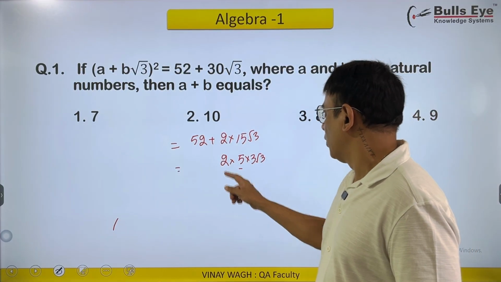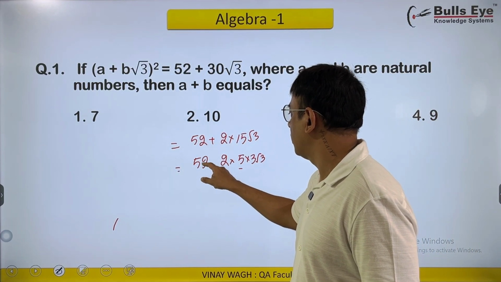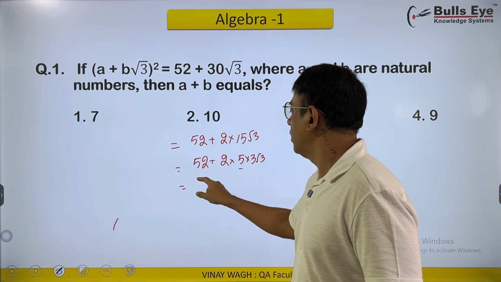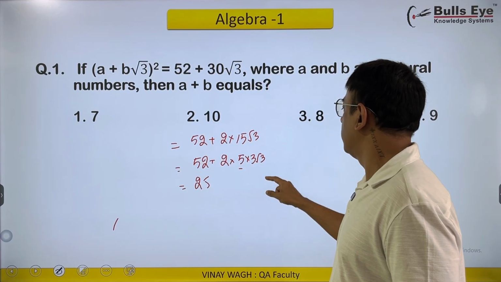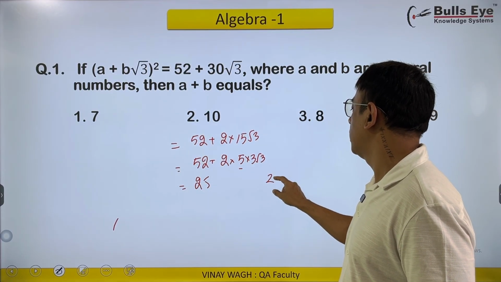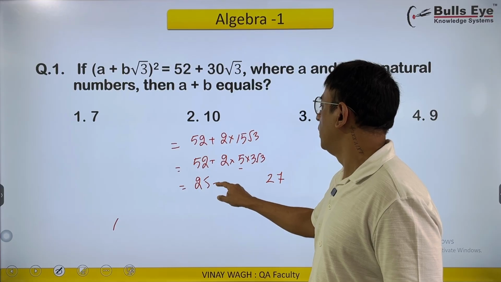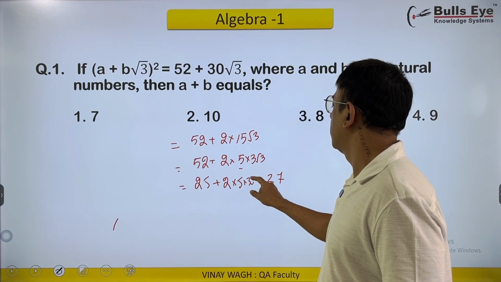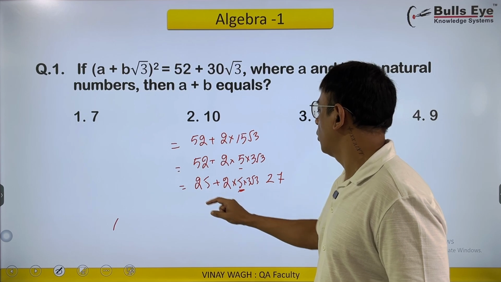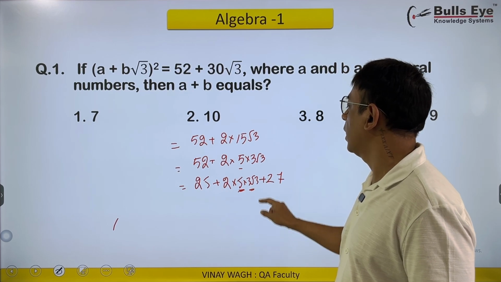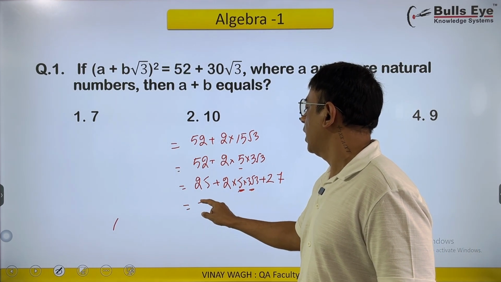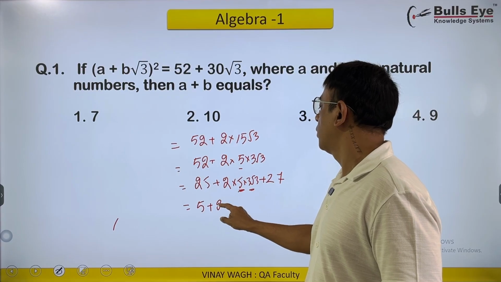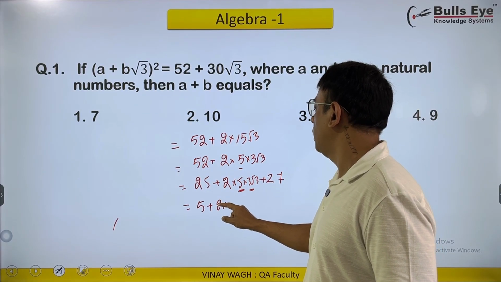That's fine. So now I can write this as 5 square and this is (3 root 3) square, that's 27, and in between it is 2ab. So this is a square, this is b square, and I'm done. So I'm writing this as (5 plus what is b for me?